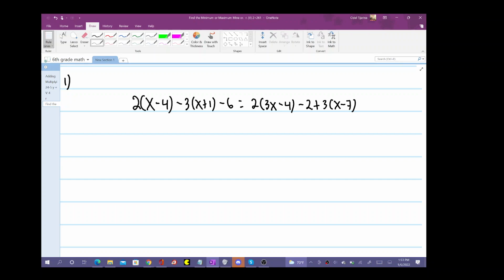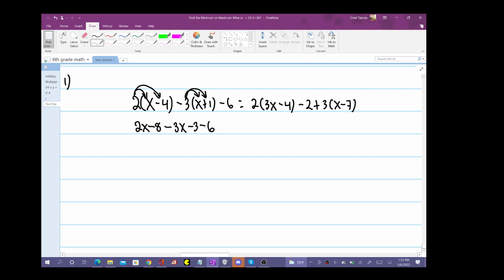So first and foremost, distributive property, right? You're going to do distributive property. 2x minus 8. And then minus 3x minus 3, because it's 3 times x, negative 3 times x, plus negative 3 times 1, which is negative 3.